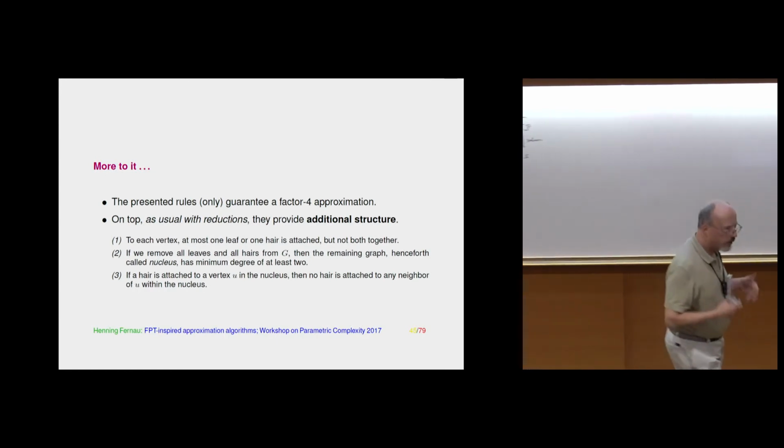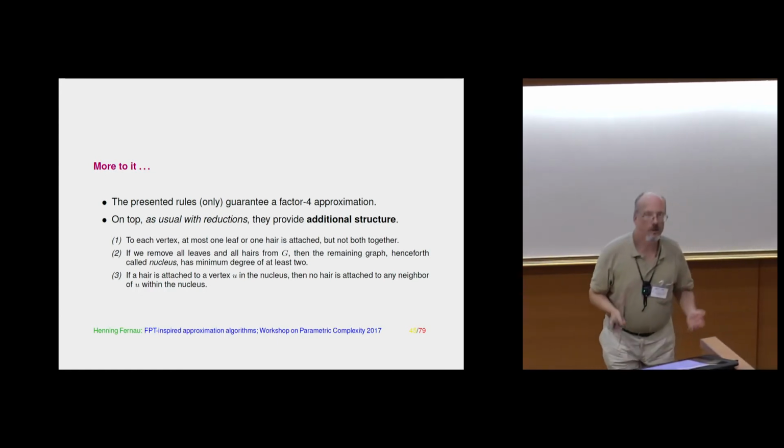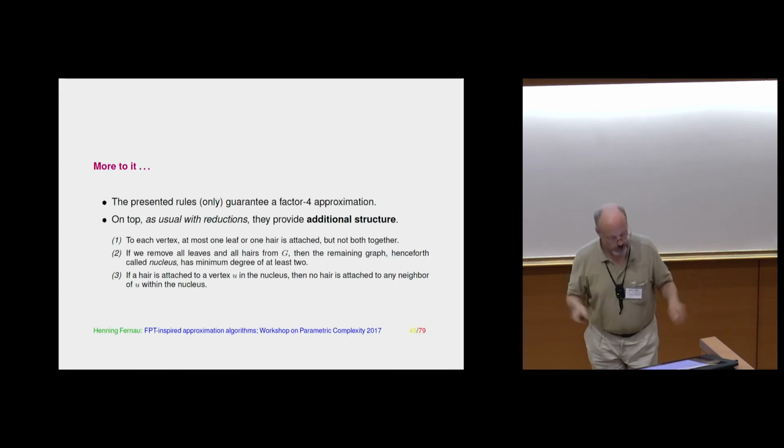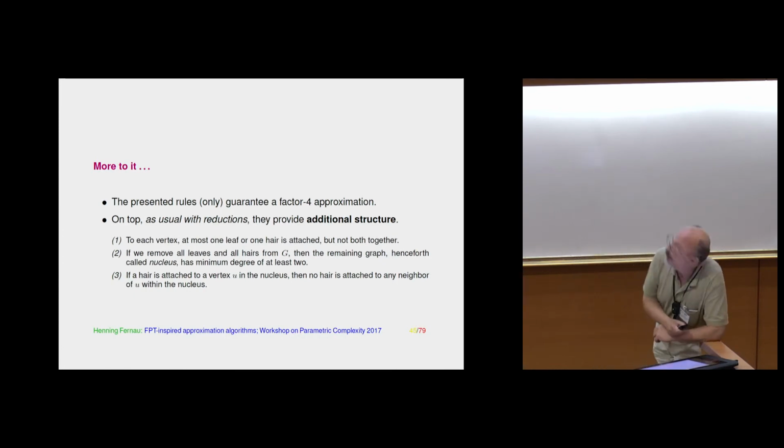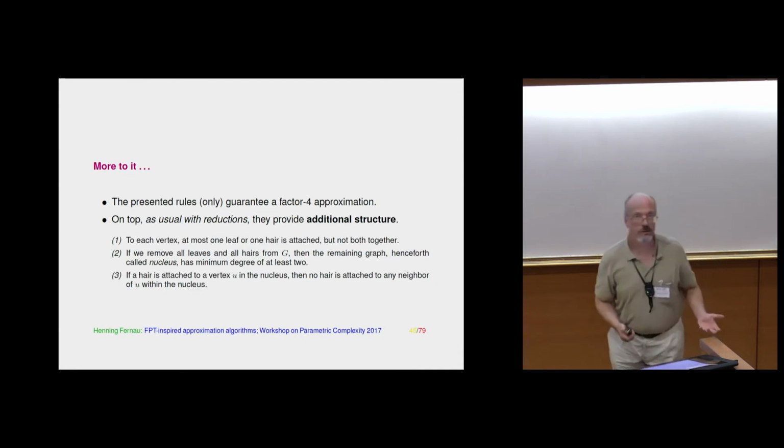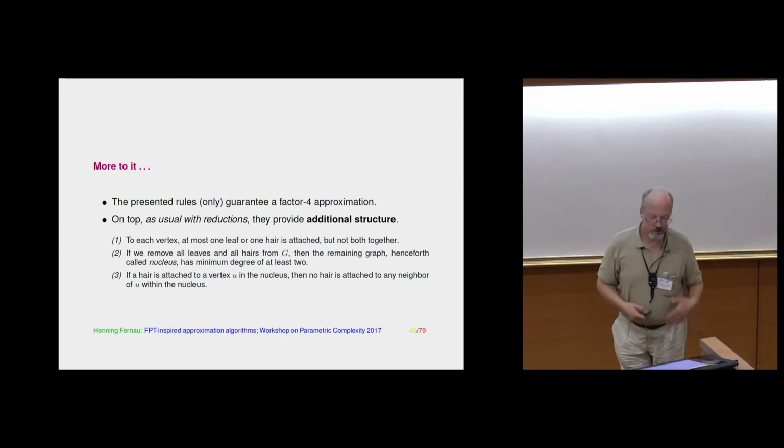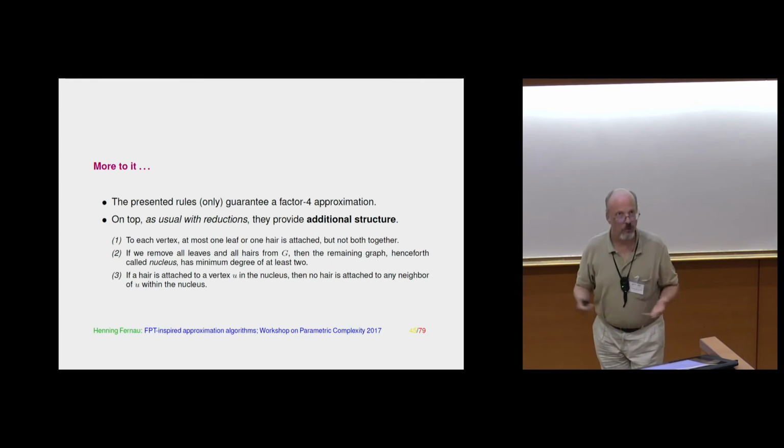But when doing these reductions, and they are all these alpha preserving reductions, then they will give us, and this is another point I want to make once more, additional structure. So to each vertex, at most 1 leaf or hair is attached, but not both together.